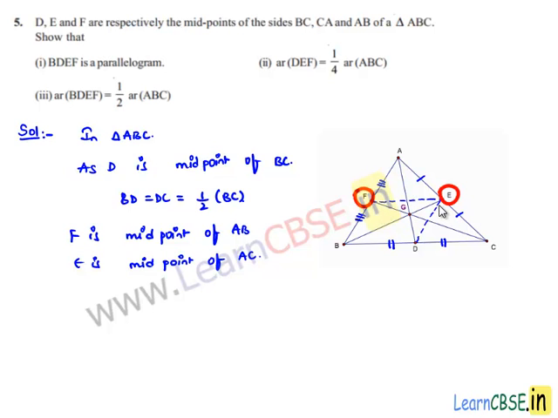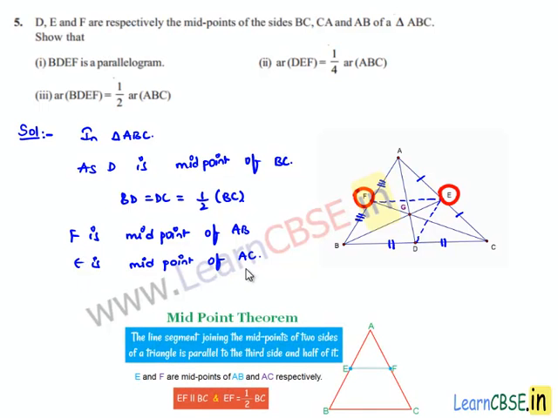Then from the midpoint theorem we know that if F is the midpoint of AB and E is the midpoint of AC, then EF will be equal to half times BC, and also EF will be parallel to BC.